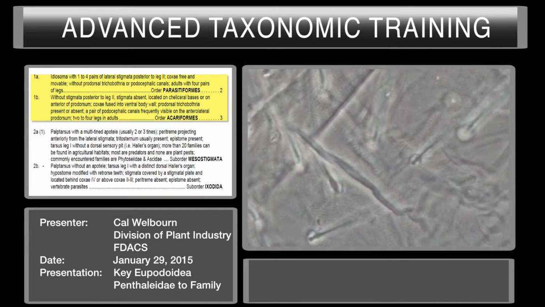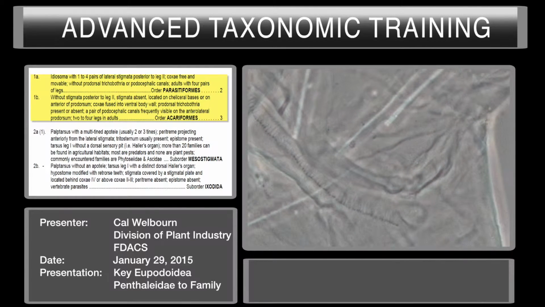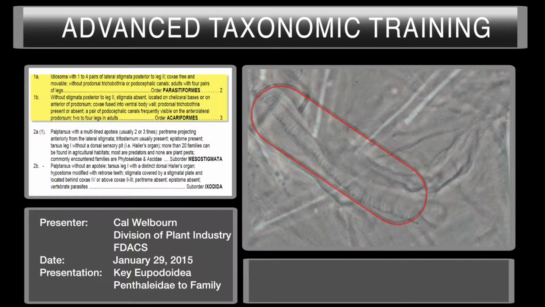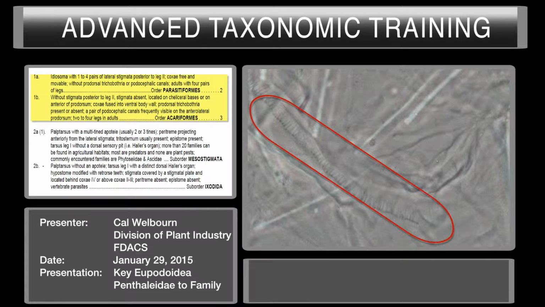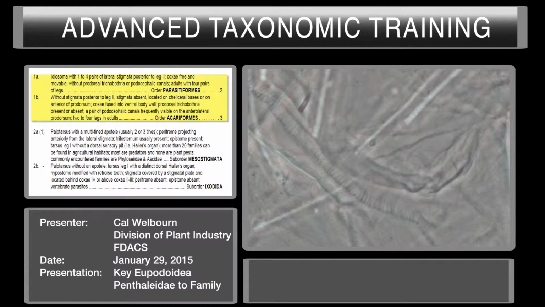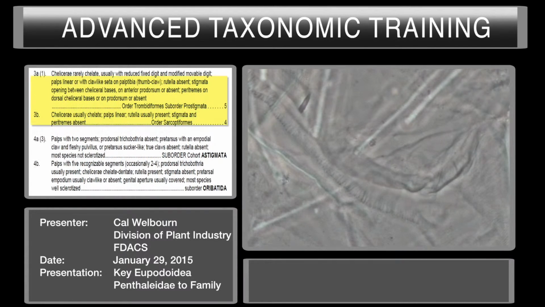I'm not seeing a podocephalic canal. It's probably present. Now this structure here, that's internal. That's a tracheal trunk. There may very well be stigmata at the base of the chelicerae, but we can't see it in this specimen. But this is part of the internal tracheal system. This is not the podocephalic canal. It's an Acariformes. We're going to go down to couplet 3.